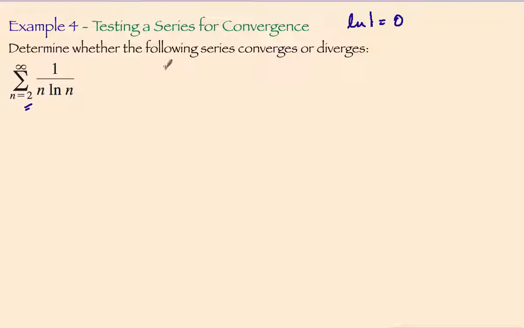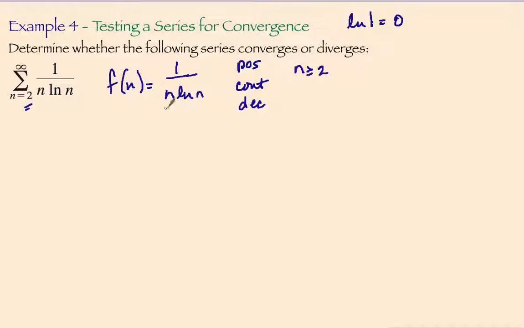Now, we do have some conditions to meet. This needs to be a positive, continuous, and decreasing function for n greater than or equal to 2 in this case. Let's go ahead and write this as a function. F of n is equal to 1 over n natural log of n. Now, I notice that the book actually changes this to x.